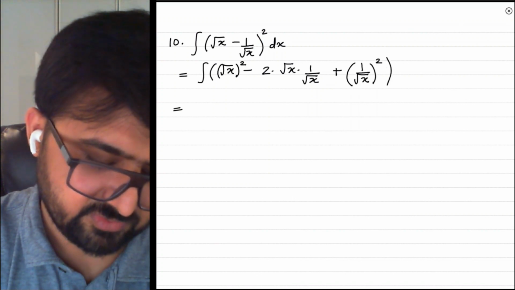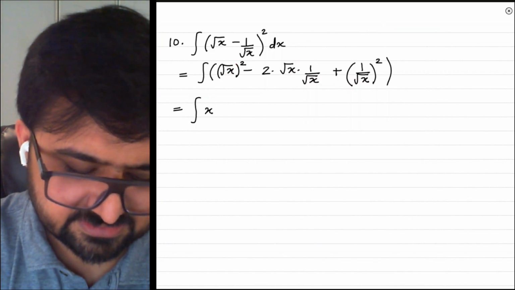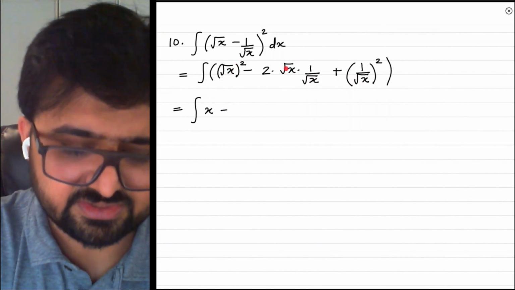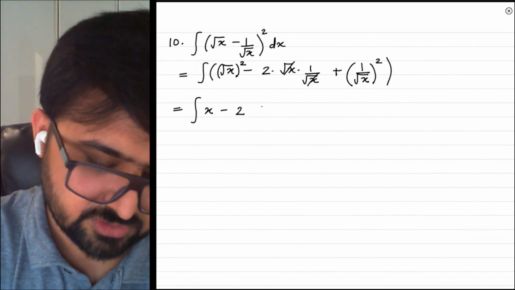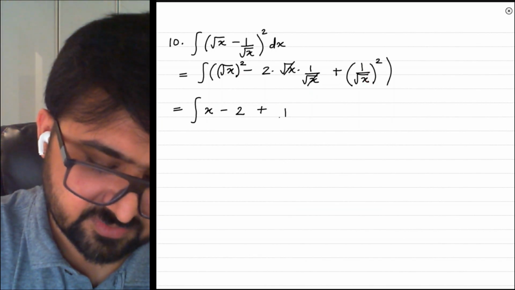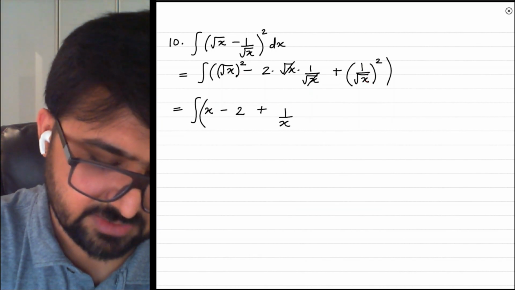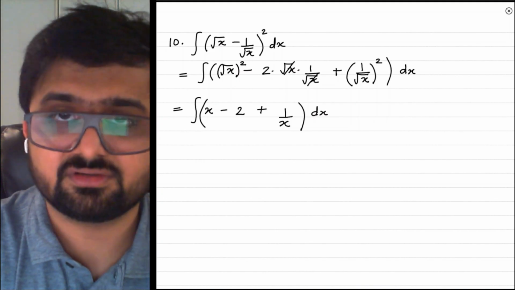Now we can write root x squared as nothing but x, minus. Now this root x and this root x will get cancelled. So you get 2, plus 1 over root x the whole squared is nothing but 1 over x. I'll put a bracket and I'll say dx and also dx here.